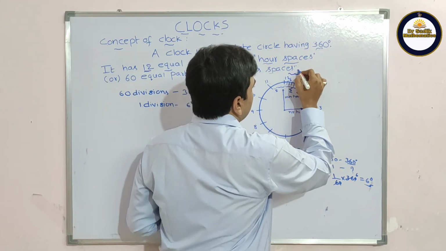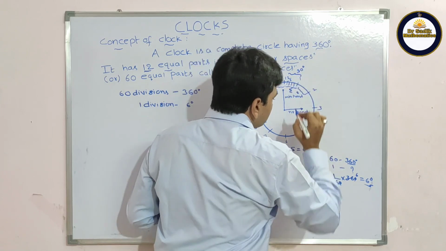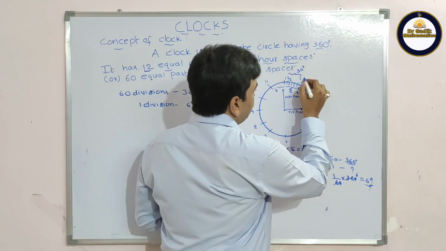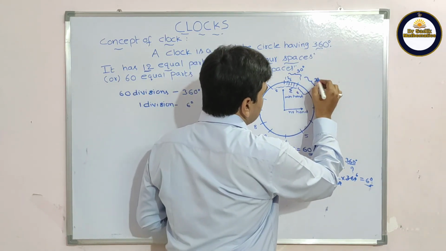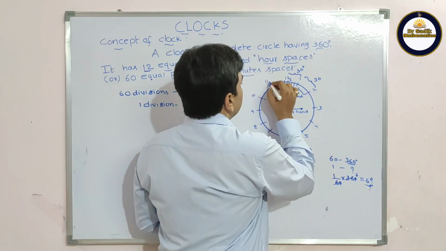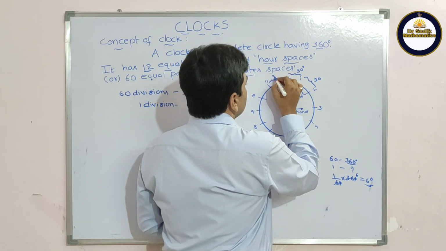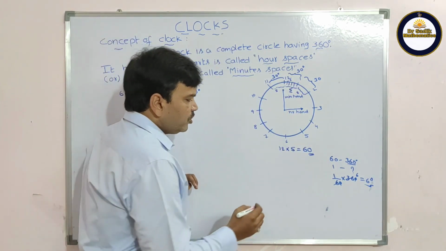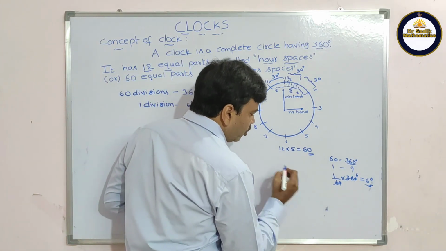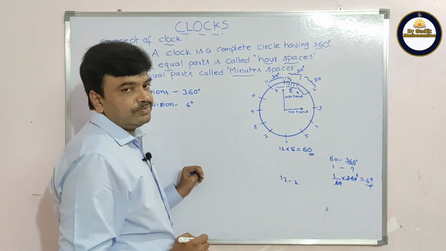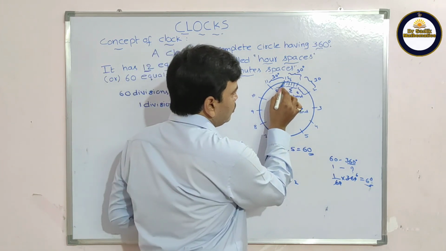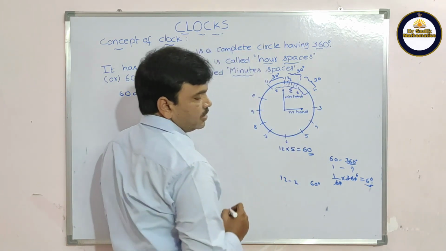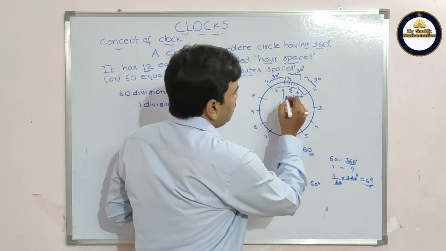Important: between 12 and 1, how many degrees? 30 degrees. Similarly, 1 to 2 is 30 degrees, and so on. Between 11 and 12 also 30 degrees. Between 12 and 2, 30 plus 30 is 60 degrees.